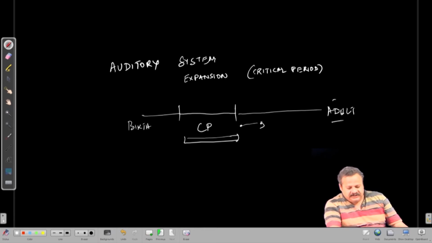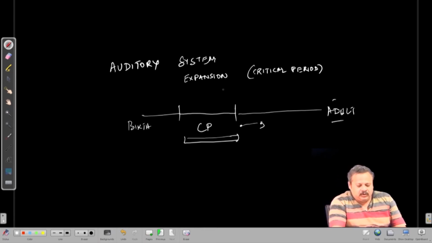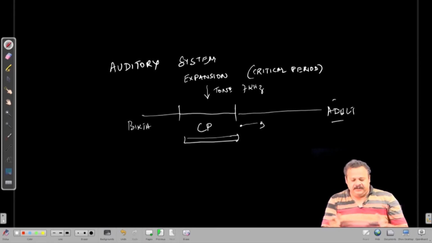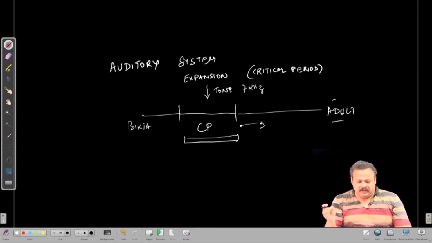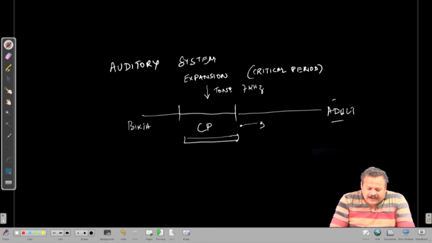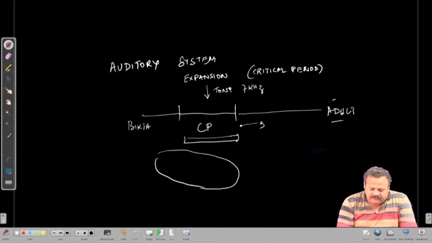In the auditory system, this map expansion has been shown as follows: if we present a particular frequency tone, let us say a 5 kilohertz or 7 kilohertz tone, continuously during the critical period, like tone, gap, tone, gap, then in the adult, when you look at the tonotopic map in the primary auditory cortex, there is a low frequency side on one end, high frequency representation on the other, and medium frequencies in between.